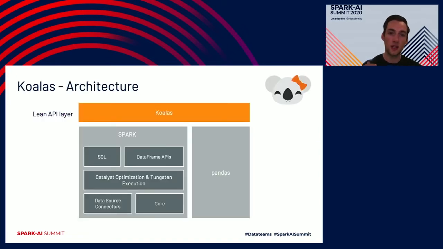In terms of the Koalas architecture, before we can get under the hood of Koalas, we must briefly cover where Koalas sits in relation to Spark and Pandas. You can think of Koalas as a lightweight API layer sitting on top of both Spark and Pandas, where we can reap the benefits of having the scalable advantages of Spark through its core engine, through its data source connectors, through optimizations that we get via Catalyst and Tungsten, as well as the Spark SQL engine and the underlying DataFrames API that Koalas then plugs into.